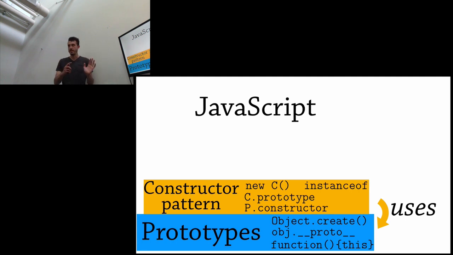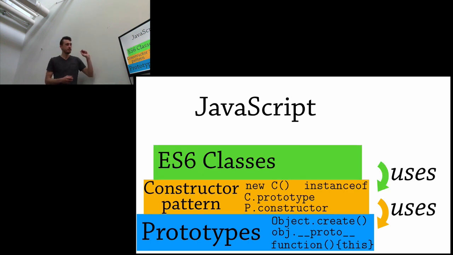And then on top of that, the most recent addition, as far as I can tell, I'm not sure when Object.create was invented or added, is something called ES6 classes. And all that is that keyword, class, blah, blah, blah. And this is a very thin abstraction to this.